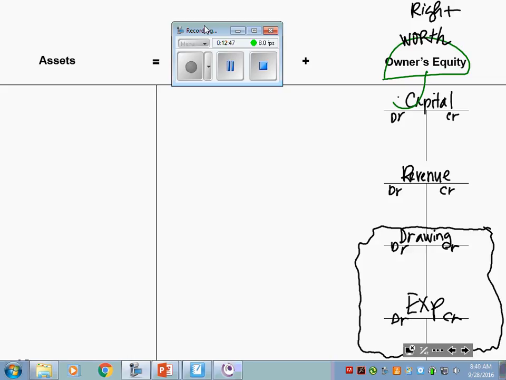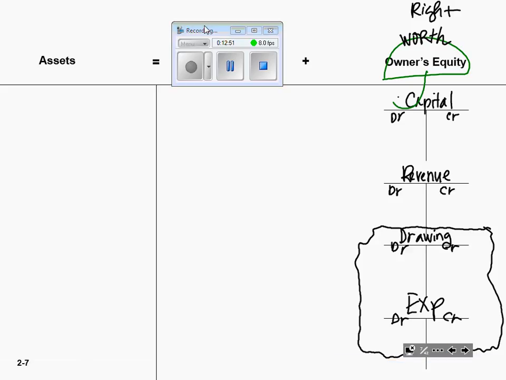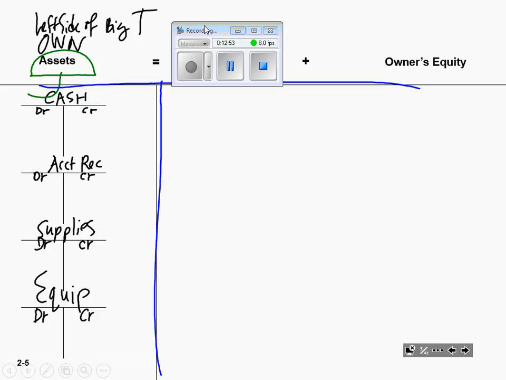Okay, go back to your assets. Tell me, what side of the big T are all the assets on? Left. Do we have some left sides on all of these baby T's? So that, my friends, is where I want you to put a star.